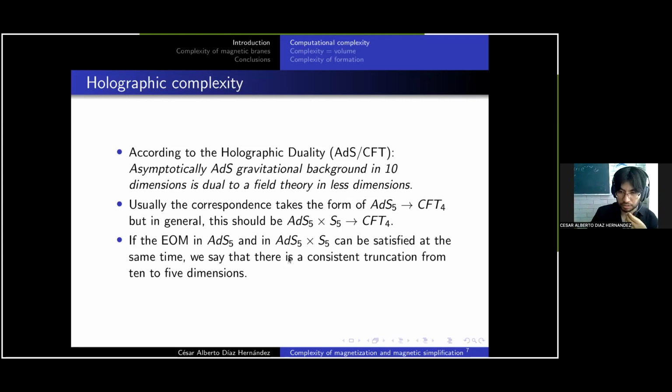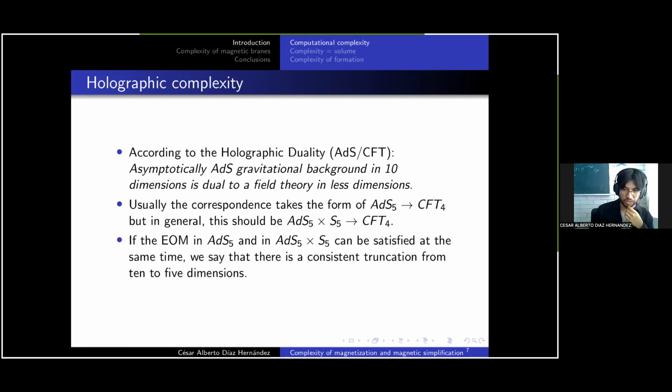We usually don't encounter this extra 5-dimensional manifold because we use systems in which, if we can satisfy the equations of motion in the AdS5 setup, then the equations of motion in the full 10-dimensional setup can be satisfied, right? If we can find a system like this, we say that we have found a consistent truncation of the full theory, and we can work only in the AdS5, right? And the duality and the correspondence will stay valid.